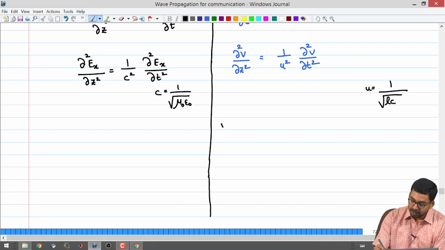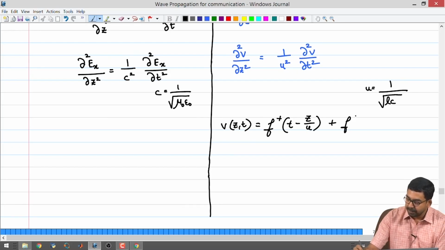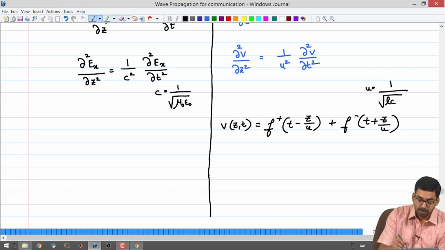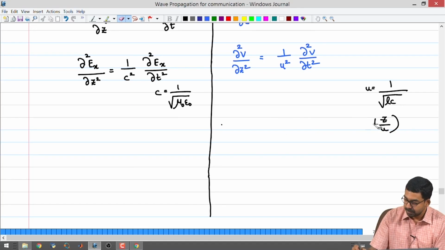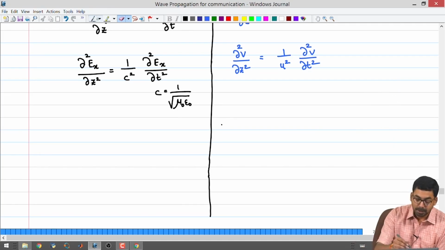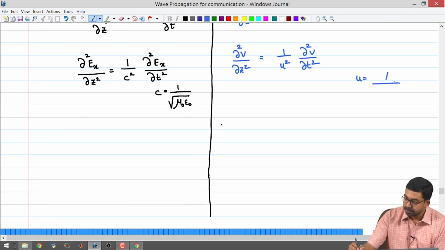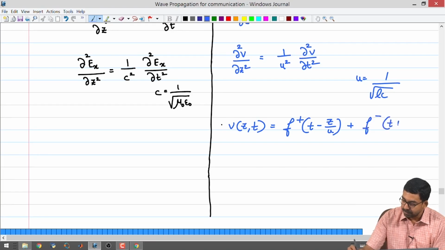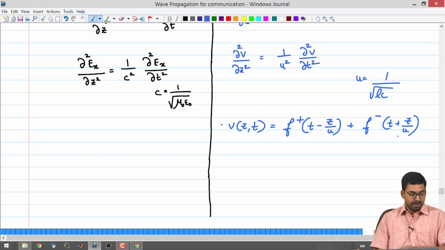So, we had the voltage as a function of position and time, V of z comma t, is f plus of t minus z by u plus f minus of t plus z by u.